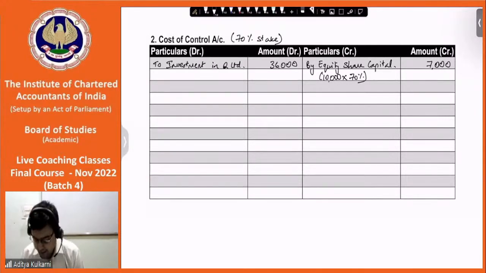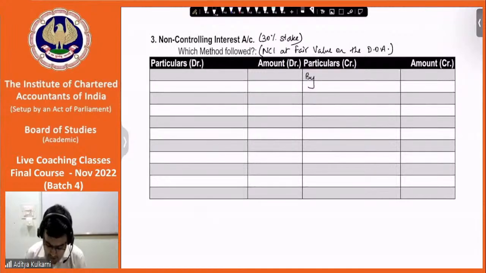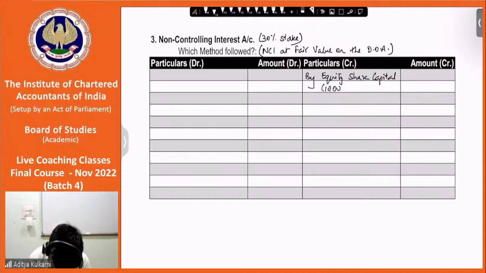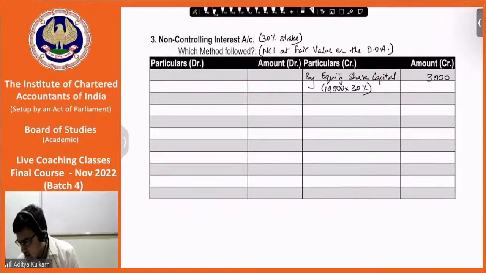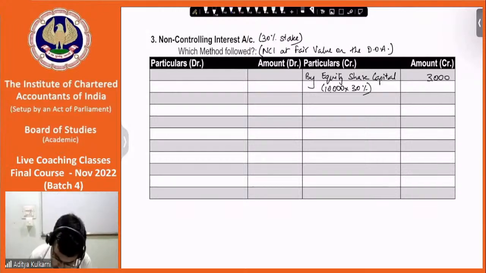So by equity share capital 7,000, and here by equity share capital 10,000 into 30%. So this is 3,000. Is it okay? Arpita, I hope your query got addressed. All right. So this is 3,000.